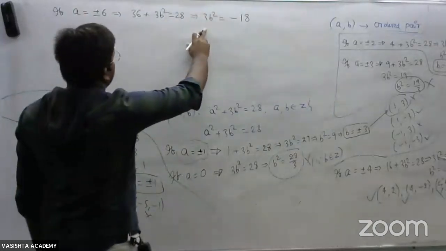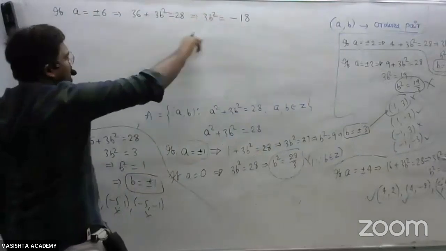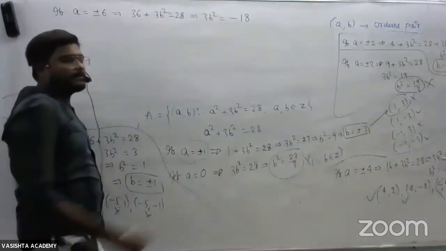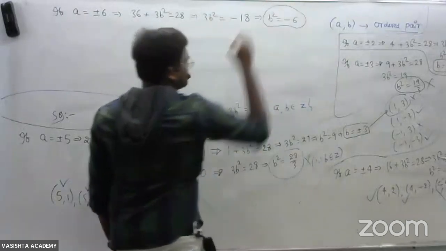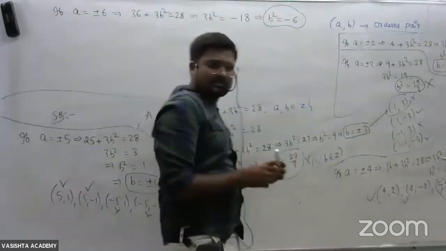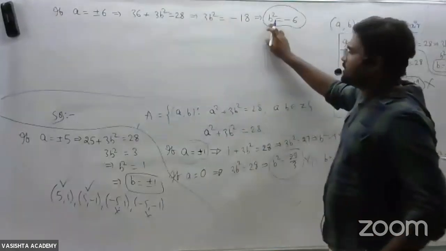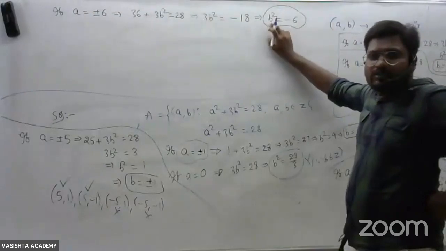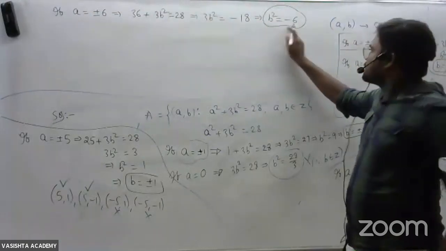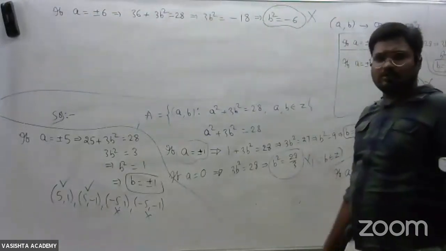Yeah, minus 18. Now, 3b square equal to minus 18. What about b square? Minus 6. Can b square be equal to minus 6? No. b square is always greater than or equal to 0, right? Square of any number is always positive. So b square equal to minus 6 is not possible.